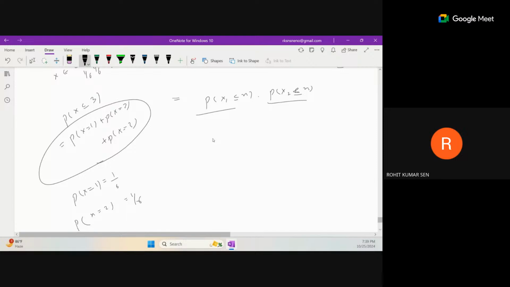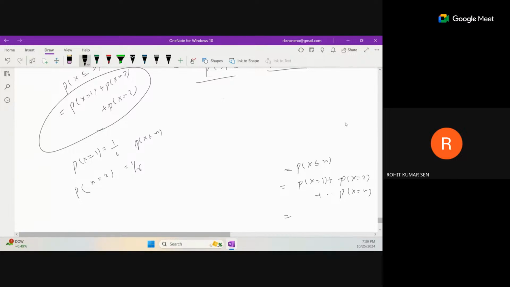In the same way, the probability of X equal to x is 1 by 6. The probability of X lesser than or equal to x is the probability of X equal to 1 plus probability of X equal to 2, up to probability of X equal to x.